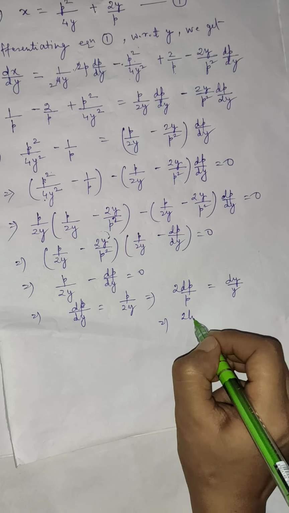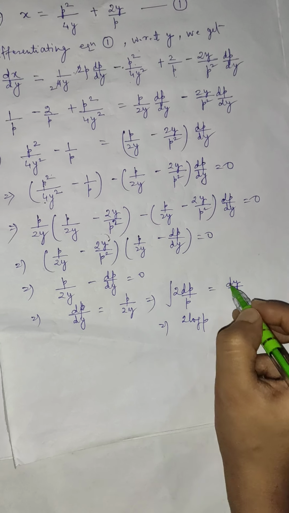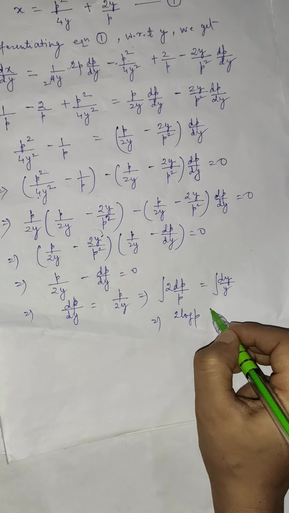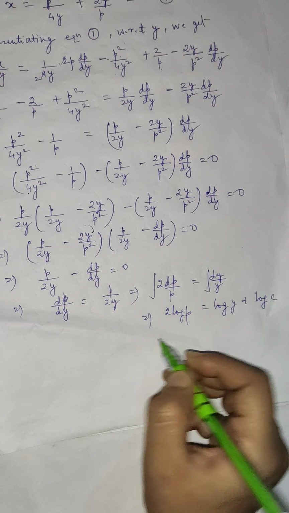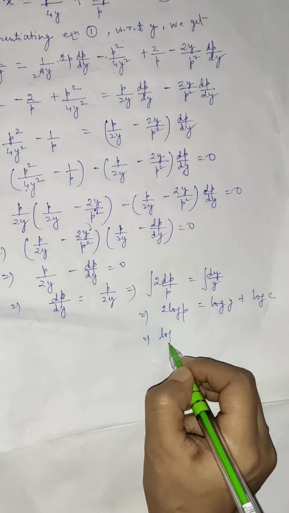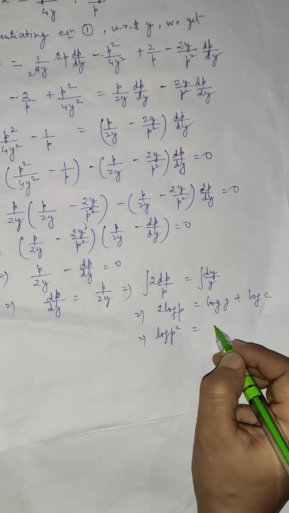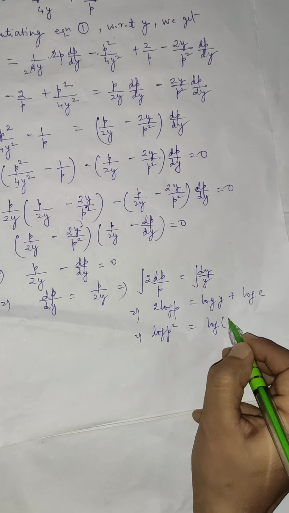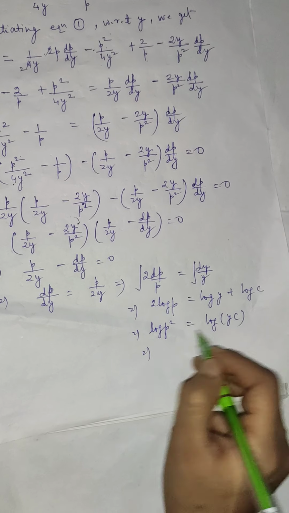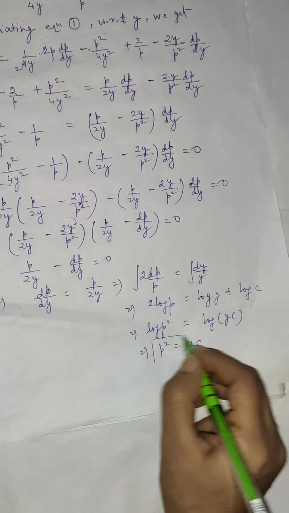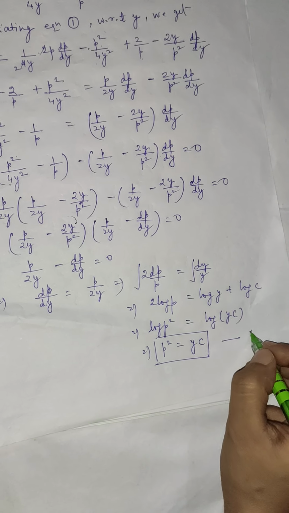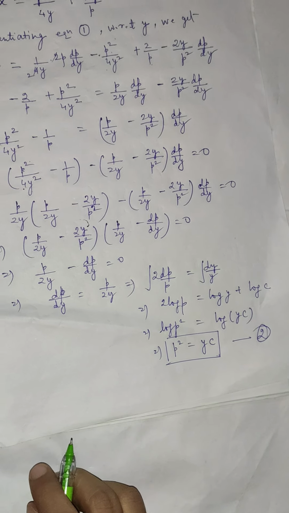That means 2 log p on integration, we have 2 log p is equal to log y plus log c. So this will become log p square is equal to log yc. So we can write p square is equal to yc. Let us take this as equation 2.